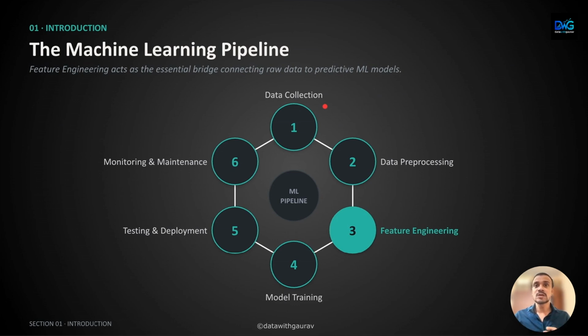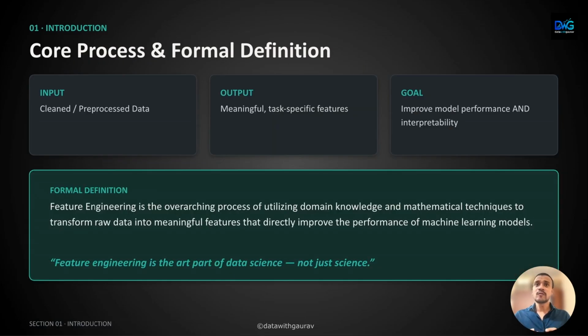It plays a crucial role by converting prepared data into informative features that enable machine learning models to learn effectively and make accurate predictions. In practice, well engineered features often contribute more to model performance than the choice of algorithm itself. Now that we have seen where feature engineering fits into the machine learning pipeline, let's understand what actually happens during this step.